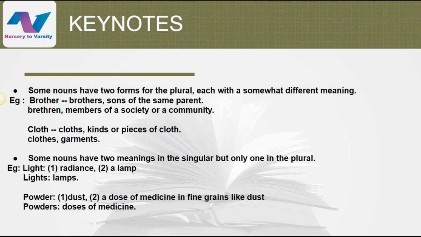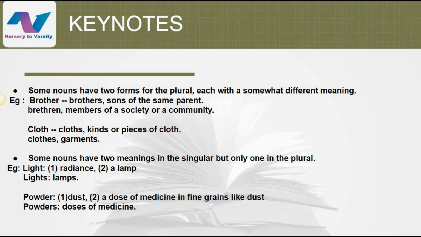So you can see both the plural forms have different meanings. Cloth to cloths and clothes. With the s, the meaning is kinds or pieces of cloth. But with the es, it is all about garments. So as you can see how the meaning has changed.